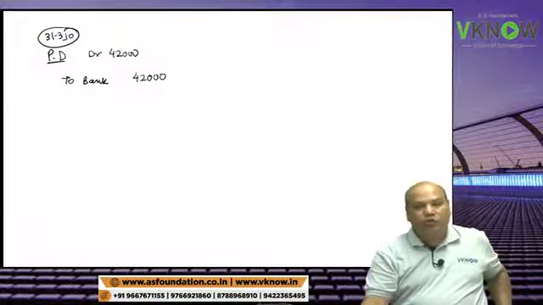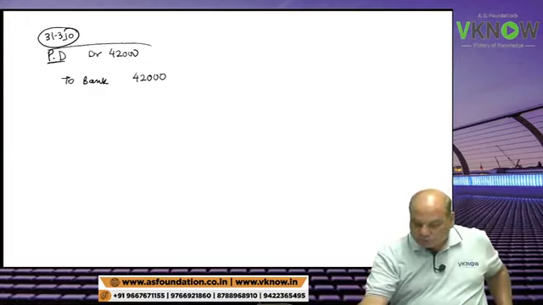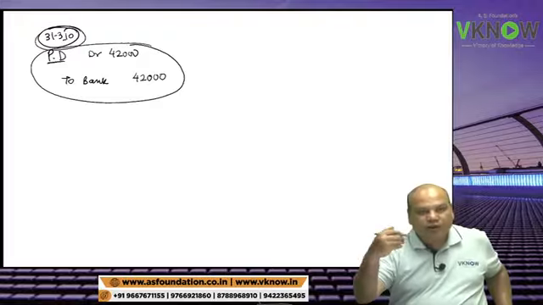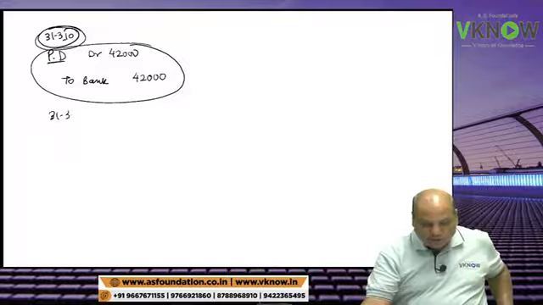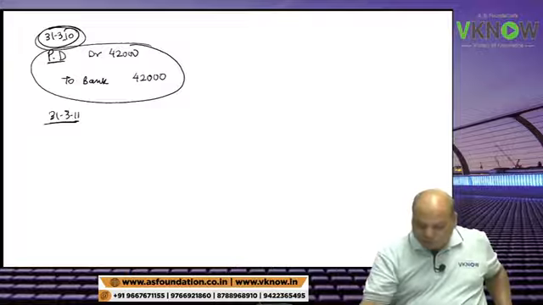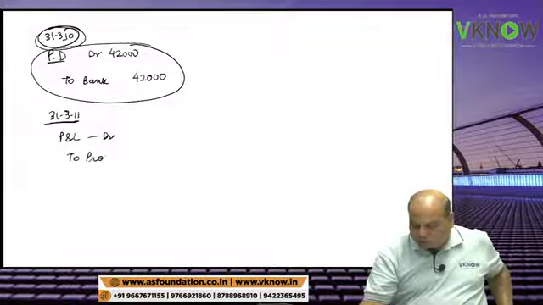So we will always assume, if any other information is missing, the proposed dividend of the previous year has been paid, and in the current year, that is on 31st March 11, the company may have made a fresh provision for proposed dividend by passing an entry, P&L account debit to proposed dividend 50,000.